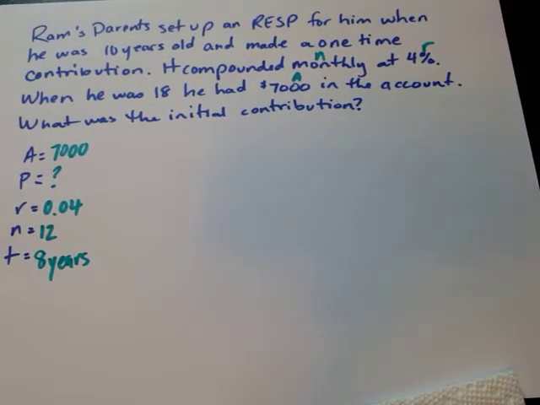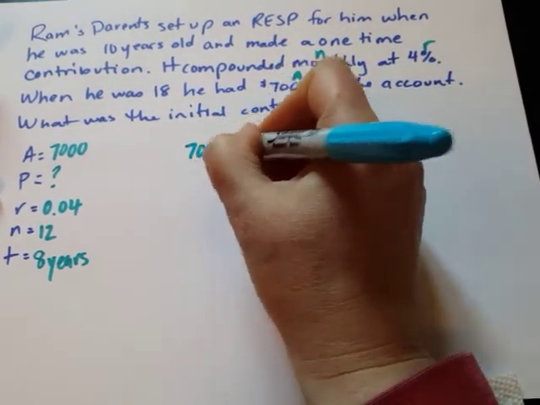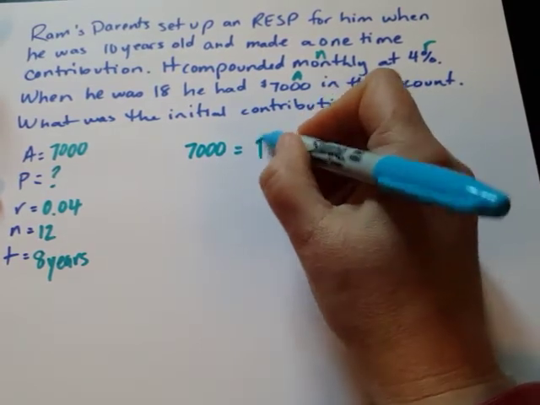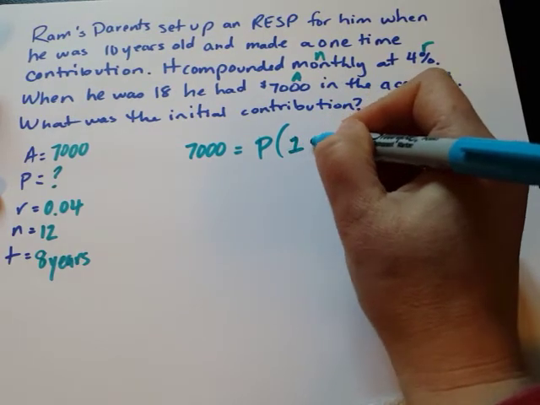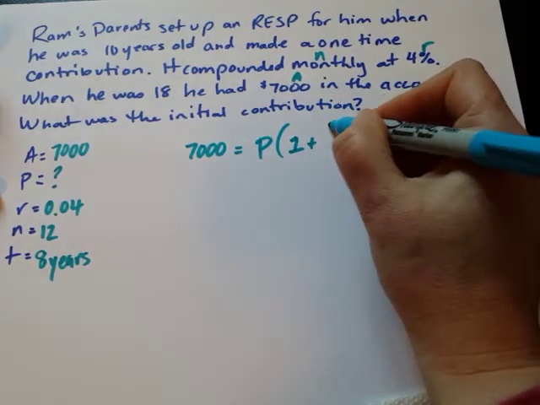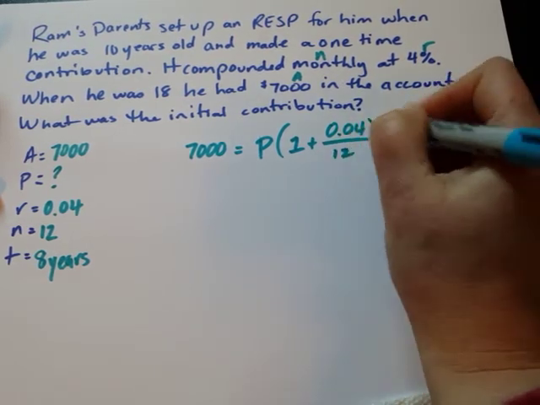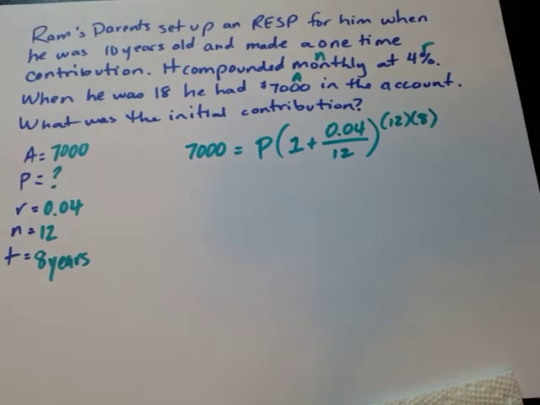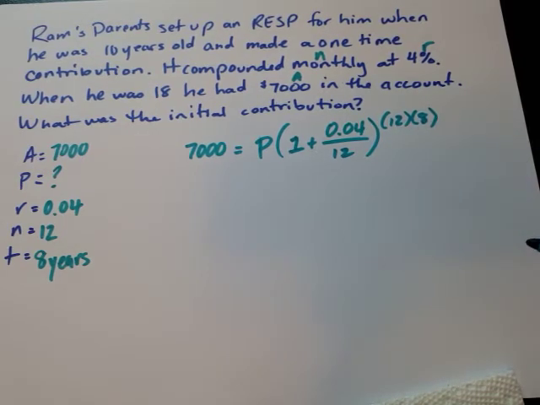So when we set up our equation, we have to be really careful that the 7,000 goes in the place of the A. And that for P, if you want to use an X or the letter P, that represents the variable. So the rate over the compounding periods, and then the compounding periods times time.